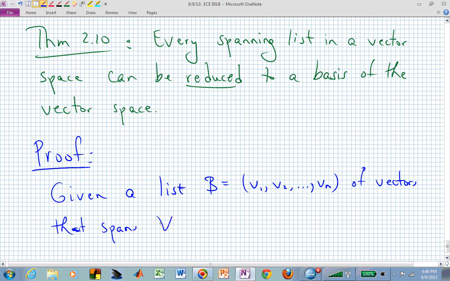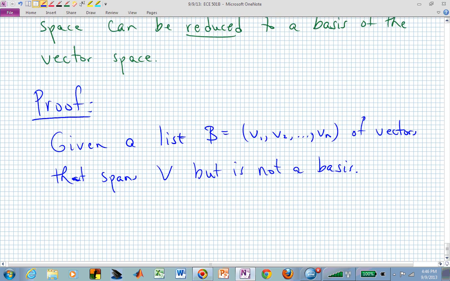And let's say that that list spans V, but B, capital B, is not a basis. So if we have this set of vectors that spans all of V, but it's not a basis, then what must be going on?